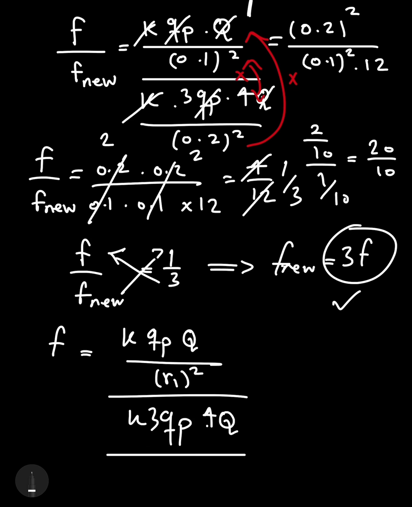And that gets divided by 2 times the value of R1 to the power of 2. Again, you can put R1 and 2R1, because 0.2 is just double the amount of 0.1. But that depends on you. If you like, you can also do that, and sometimes it makes it easier.